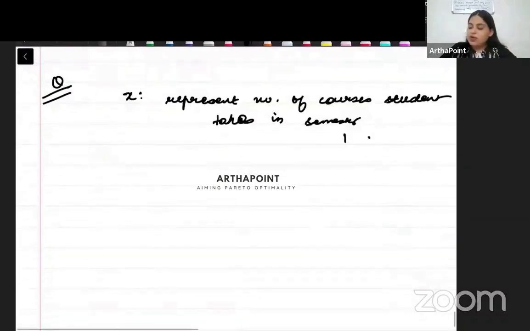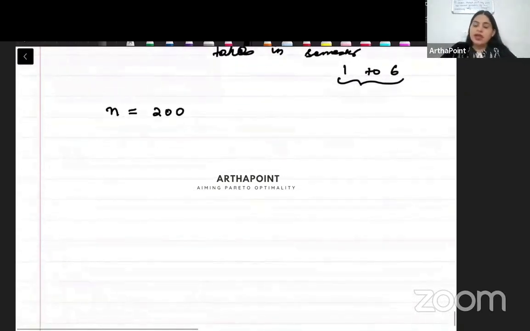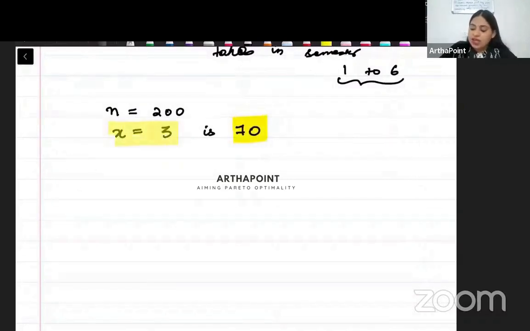He has a choice between 1 to 6 courses that he can choose in one semester. Now, suppose my N is 200. There are 200 students in the class. And now I am saying that X equal to 3 is 70. Understand this: there are 70 students who have taken 3 courses.